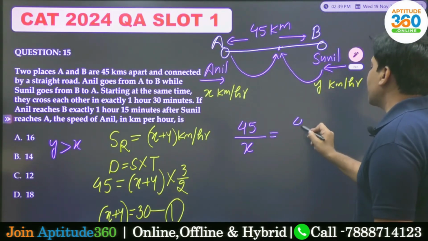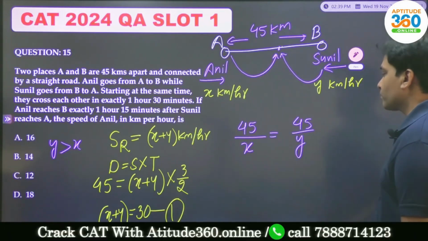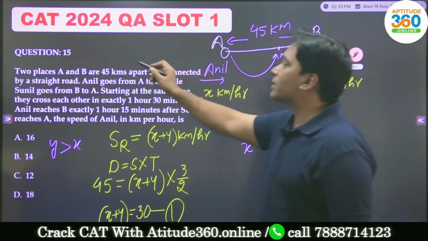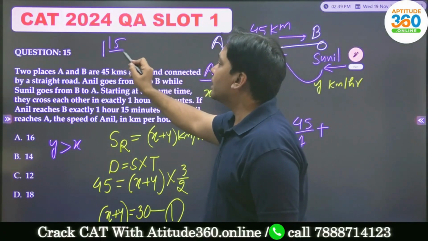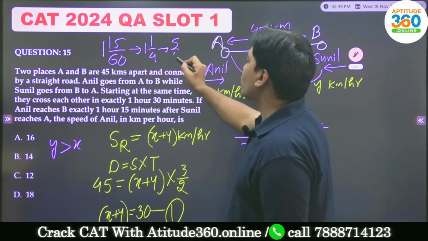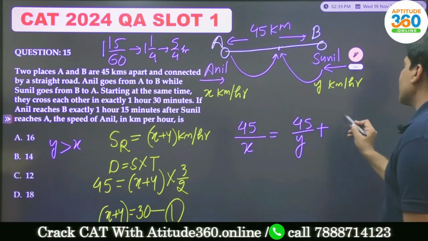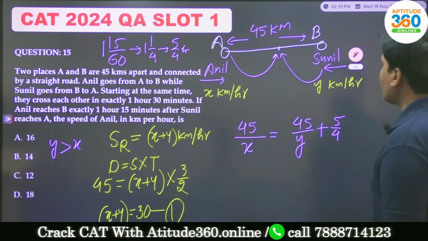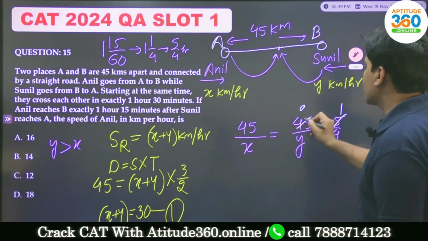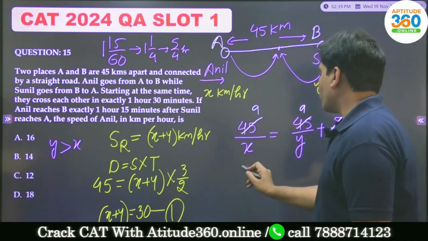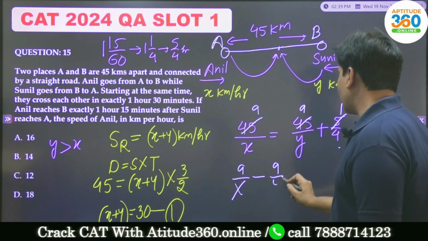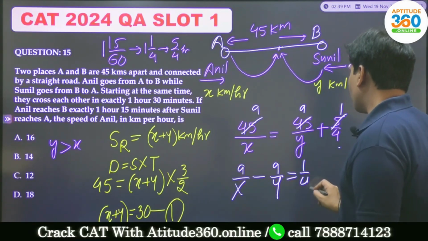Sunil will be taking certainly 45 upon y, this much time, plus 1 hour 15 minutes. 1 hour 15 minutes can be converted to 5/4 hours. So this one is coming out as 5/4 hours, right? What can I do now? If I eliminate 5, this is 9 and this is 9. So what do we have now? 9 over x minus 9 over y is equal to 1/4.